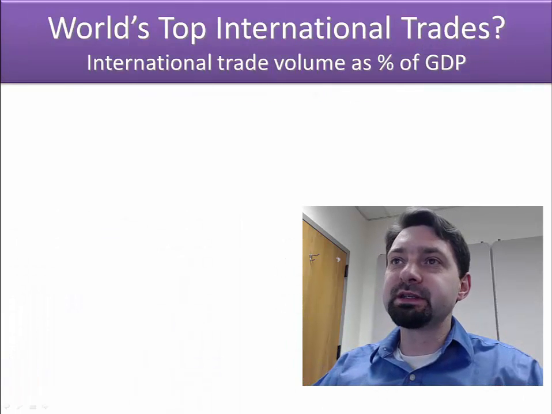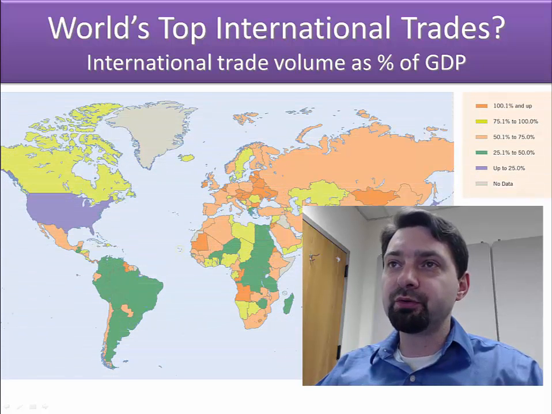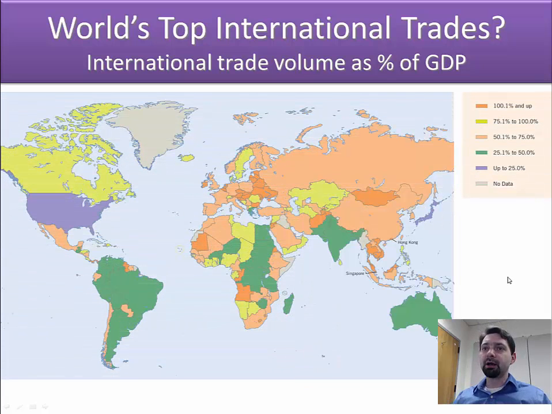So first, some statistics on international trade, who trades with whom. This map shows you, in a sense, an international trade rating of countries, based on the percentage that international trade volume constitutes of the nation's GDP.